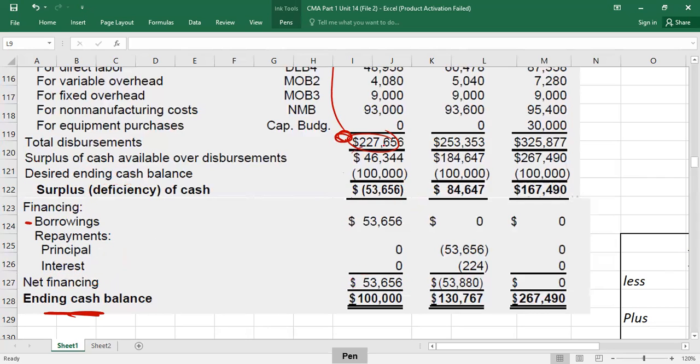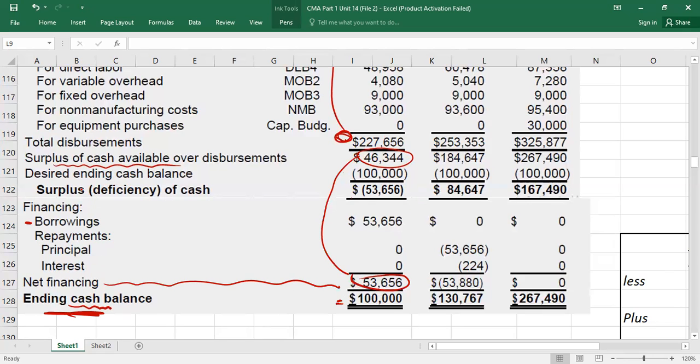I'll take this value plus or minus this value. What is this value? This value is the surplus of cash available over disbursement. And what is this value? This value is the net financing. So I'll do the net of these two values. This is positive, this is also positive. So it would be equal to the ending cash balance.